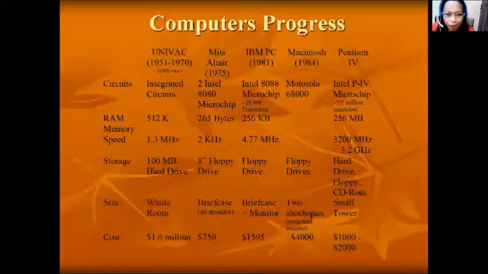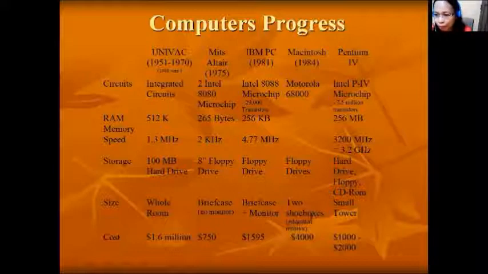So for the Univac, the circuit is integrated circuit. The MITS Altair used the Intel 8080 microchip. The IBM PC used the Intel 8088 microchip. And then the Macintosh used the Motorola 68000. And the Pentium 4 used the Intel P4 microchip. While the RAM for Univac is 512K, the MITS Altair has a RAM of 256 bytes.